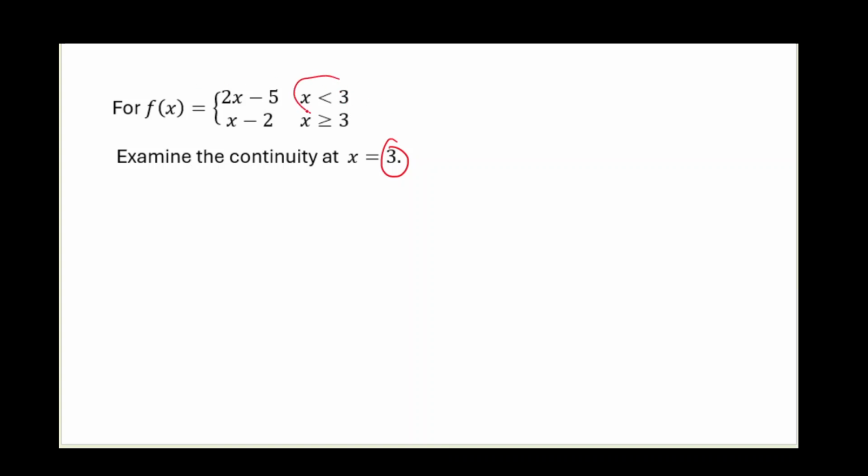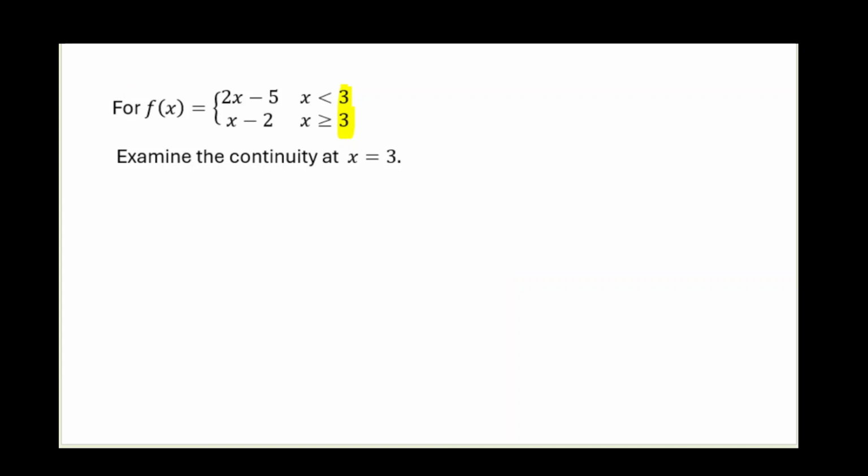Because when x is less than 3, the rule is a linear function, which is polynomial and therefore continuous everywhere. But if I were to ask for a number greater than 3, then I would follow this rule, also linear, also polynomial, also continuous everywhere. So it's really only at 3 where the question of continuity is interesting, and of course that's what I've asked you. So let's look at what happens at x equals 3.